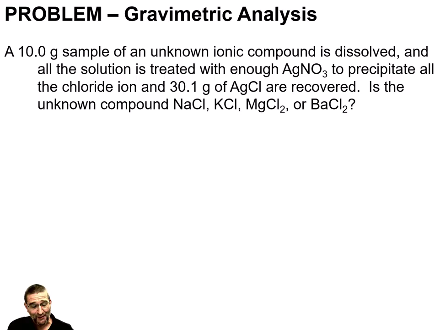Once you know that, you know how much of the rest of the material was the metal. Then you can say, okay, cool, now I know the grams of the metal. I know the moles, either if it's a +1 or a +2 charge. And so I should be able to figure out the molar mass. If that got you unstuck, great. Go ahead and pause and give it a try.